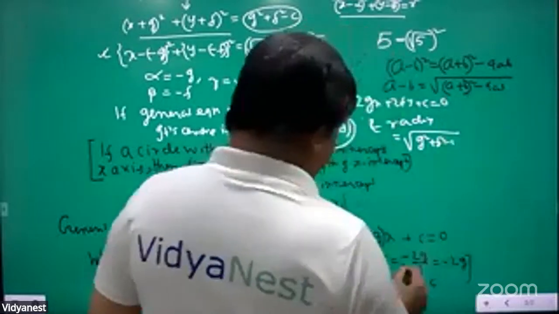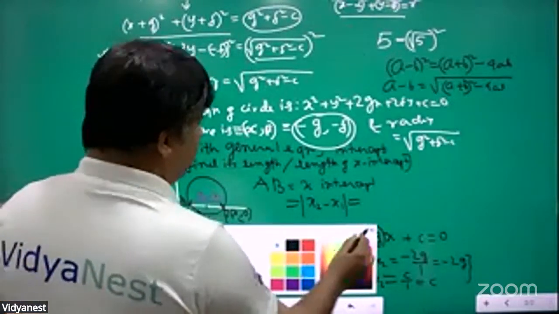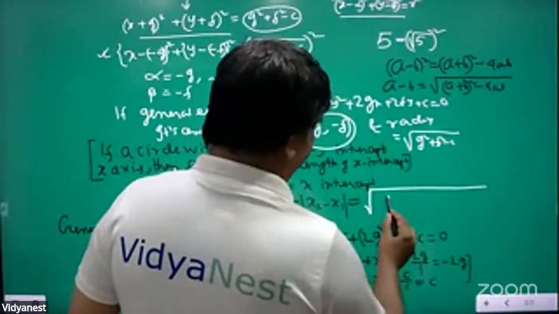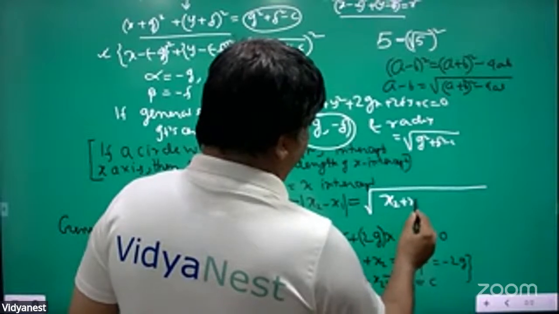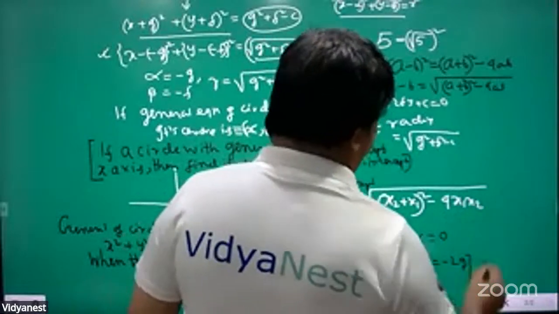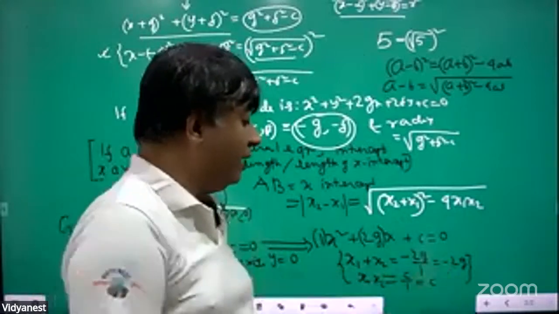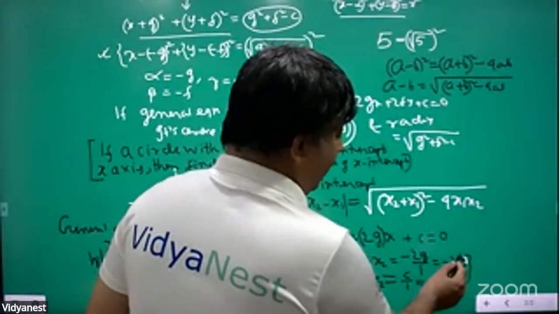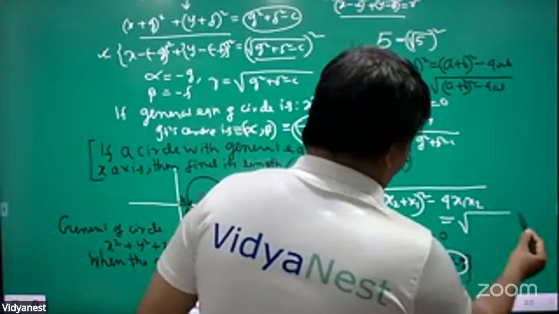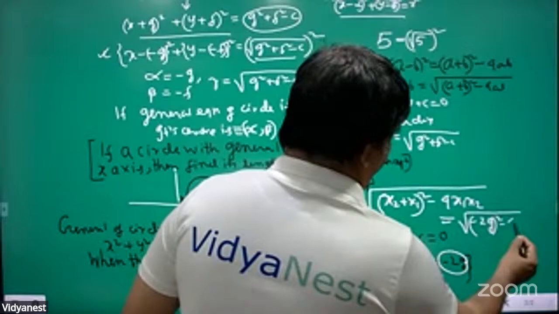Here x2 minus x1 is the root of x2 plus x1 whole square minus 4 x1 x2. Once you get this, you just use the values which we had a few minutes back. So put here minus 2g whole square minus 4c.